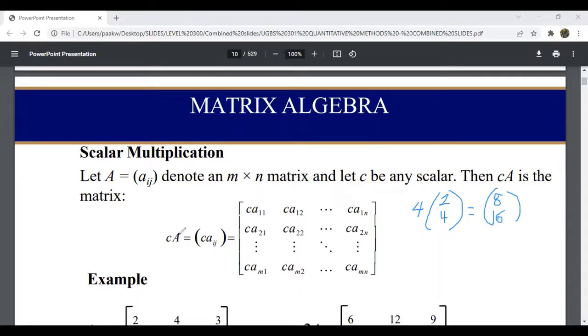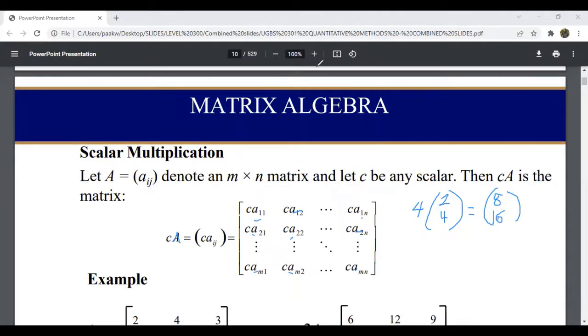So the matrix was A, the elements of A were here, and they multiply the scalar. The scalar was C, so you multiply C with each and every element in the matrix. Do you get this?